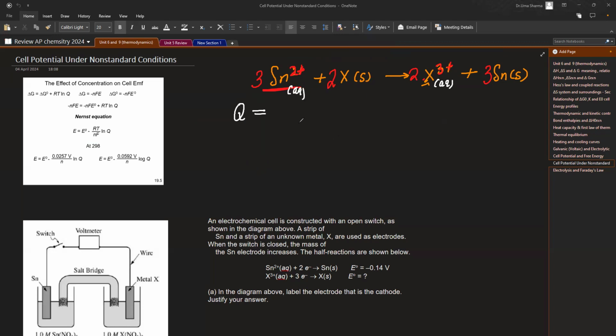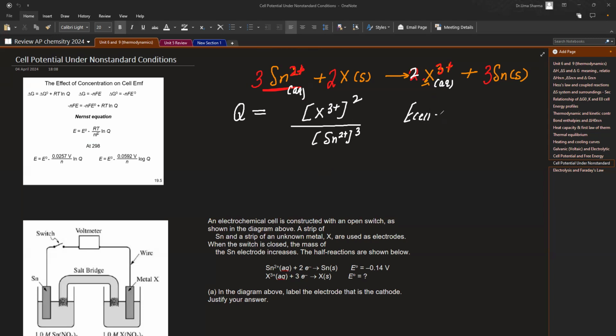The Q expression is concentration of X3+ raised to power 2, divided by concentration of Sn2+ raised to power 3. It's a non-standard condition. Concentrations are not 1 molar. Concentrations are different. I'll use the Nernst equation.